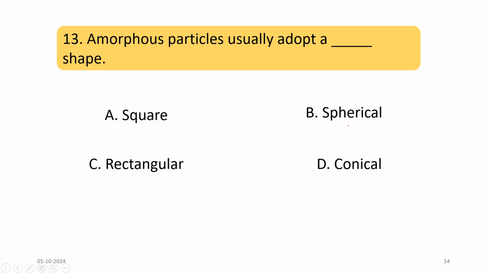So amorphous particles usually adopt a spherical shape, which is very normal. Any shape gives minimum or maximum surface to volume ratio. Sorry, maximum surface to volume ratio, right? The amorphous particles usually adopt a spherical shape.